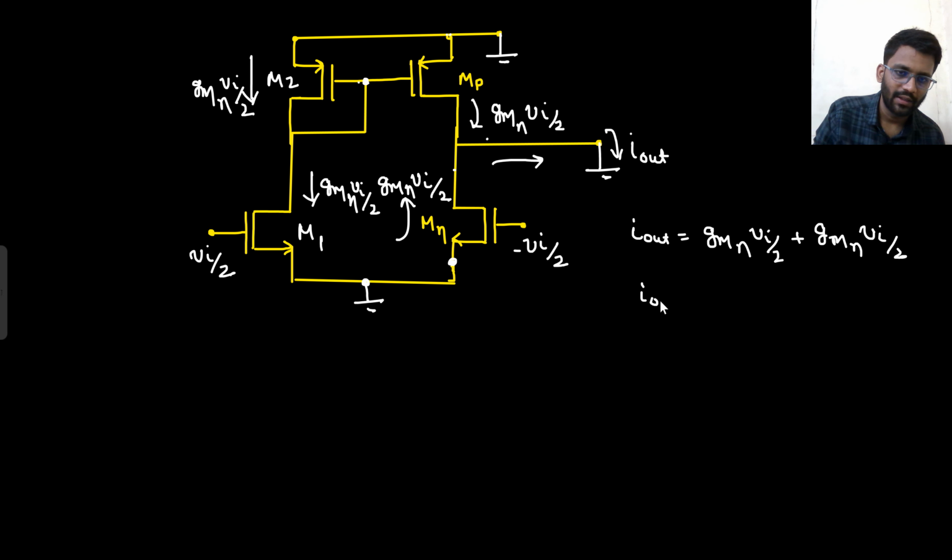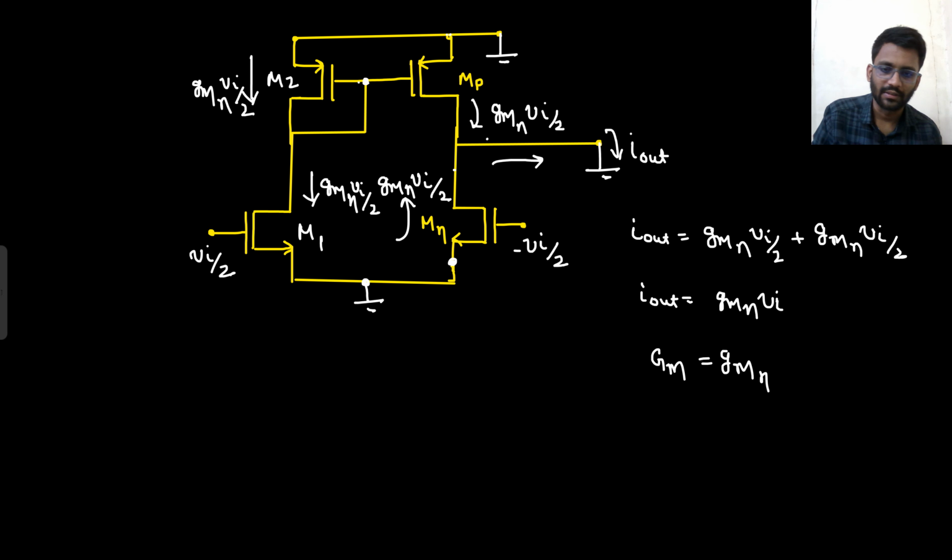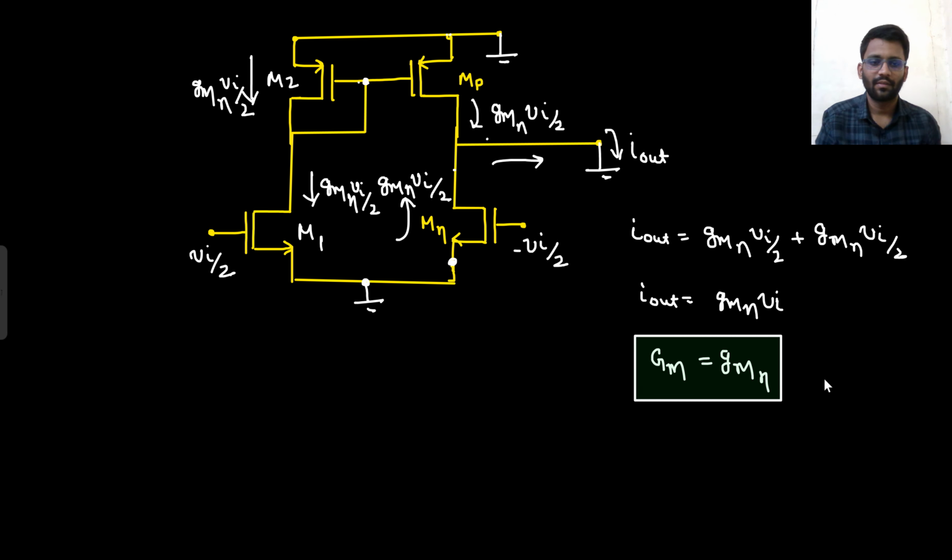So your Iout would be gmn Vin. So your capital Gm is coming out to be gmn. That's it. So this is your capital Gm, right?